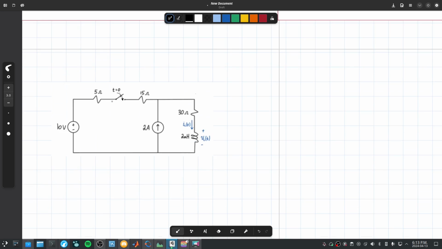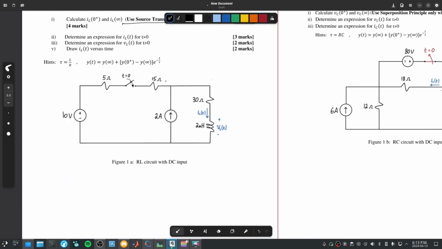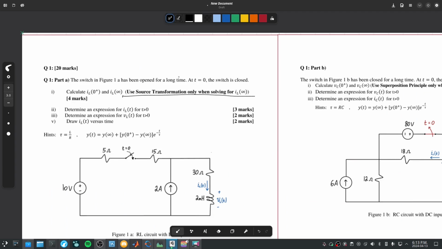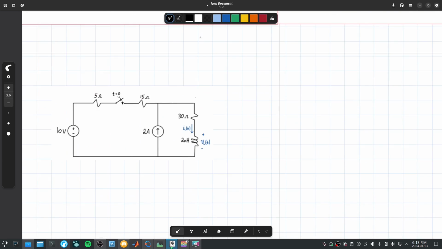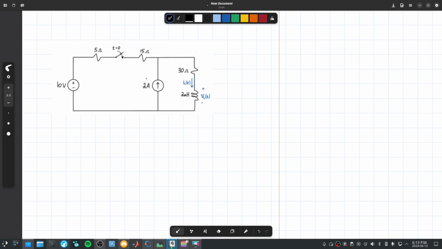Okay, so when time is equal to 0... Has been open for a long time. Okay. When time is equal to 0, this circuit is just closed. So what happens? Oh my lord, I'm brain farting. I'm so sorry right now. Okay, let's start with I infinity, because that one I know how to do for sure.